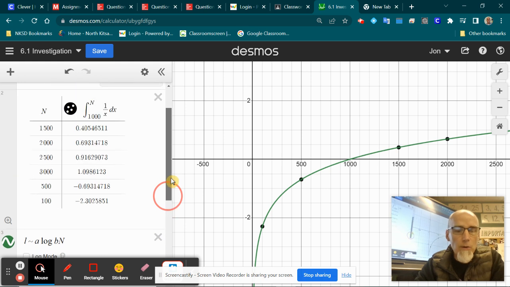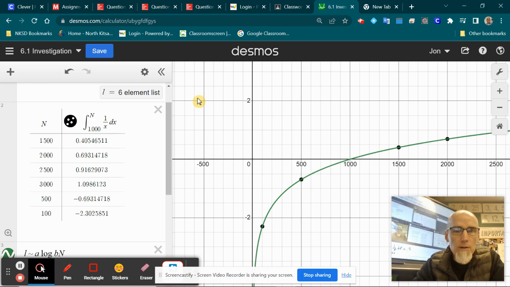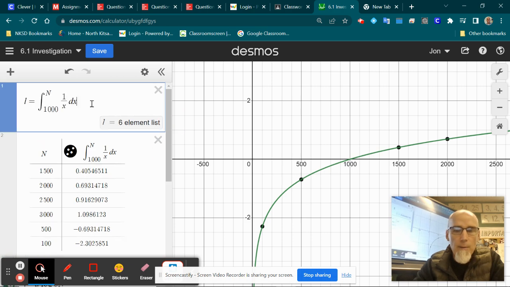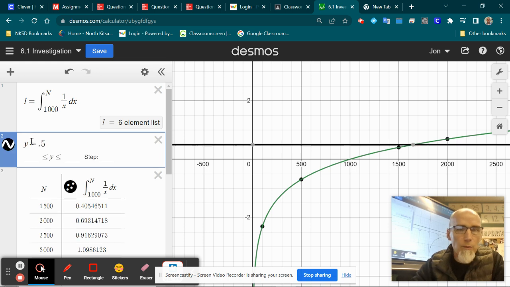So now what I can do is, like in problem 2, how I was kind of hemming and hawing in video 1, how do I do this on Desmos, the solver feature? Well, I can just go to my graph now, and I can graph a new horizontal line at 0.5. So let's go y equals 0.5.